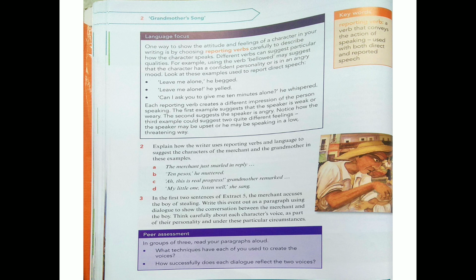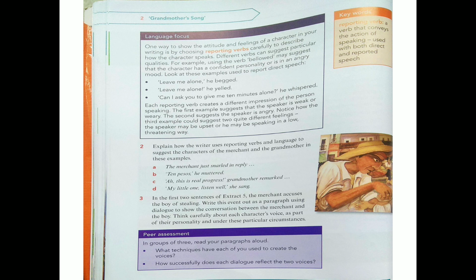He's in a helpless situation, he's scared, he's terrified there, and he's being wrongly accused for something that he hasn't done, right? So you'll have to write a scene there, the conversation, there'll be more dialogue between the merchant and the boy.